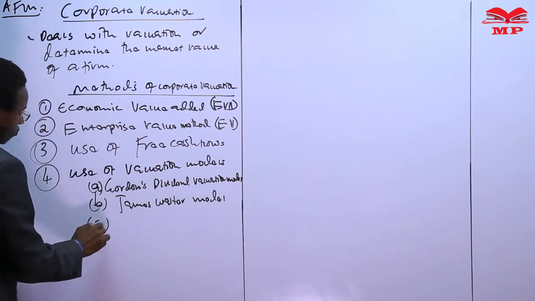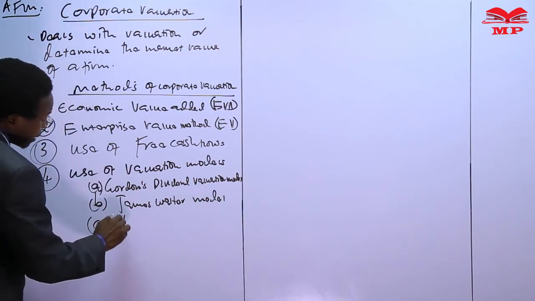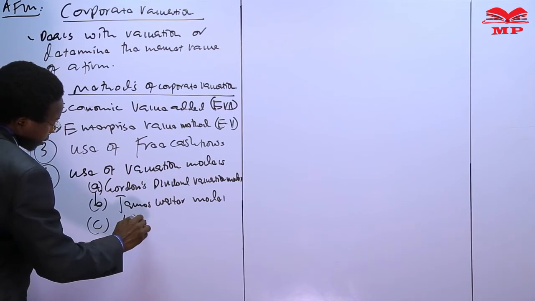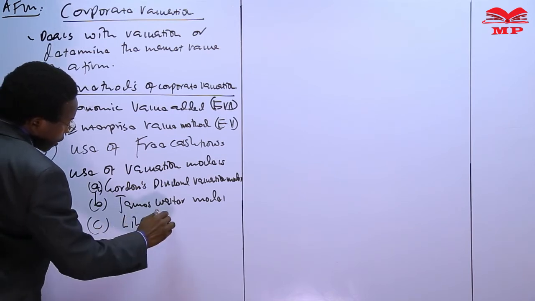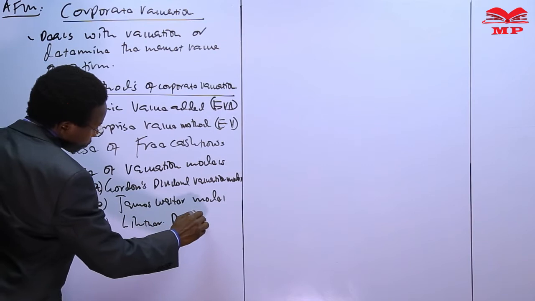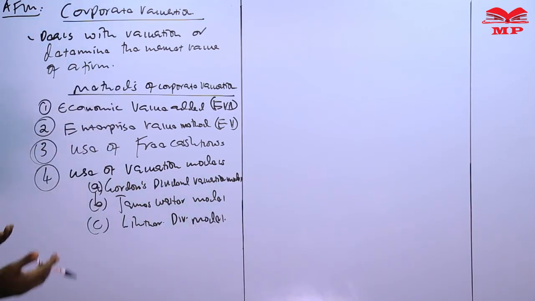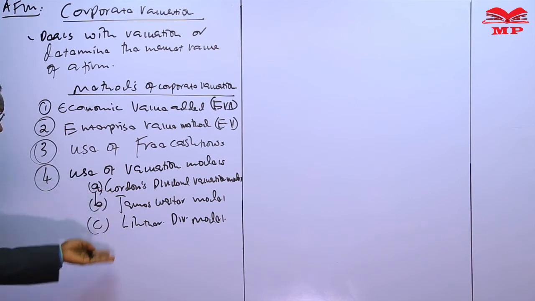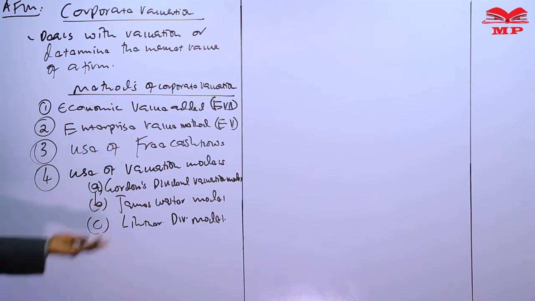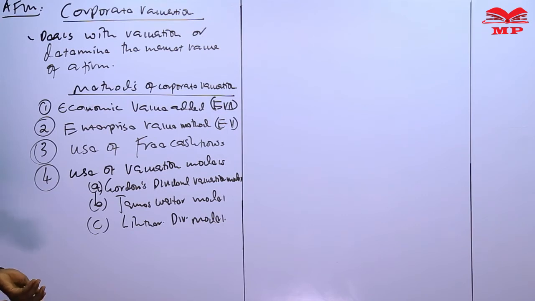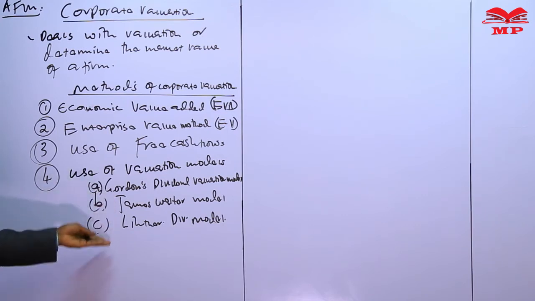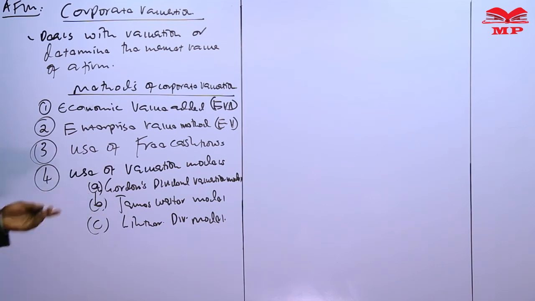We have the Lintner dividend model. Those are some of the main areas that we'll be looking at. We have many other valuation models that we don't want to go into, but these are the main ones: the Gordon's dividend valuation model, James Walter model, and the Lintner dividend model.